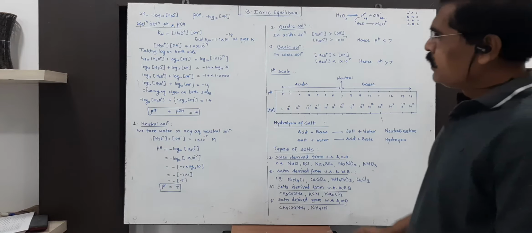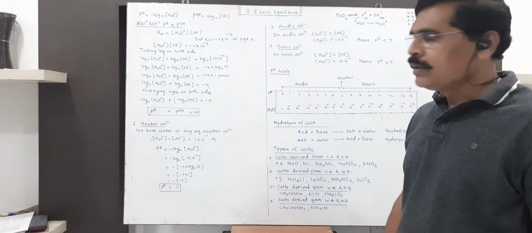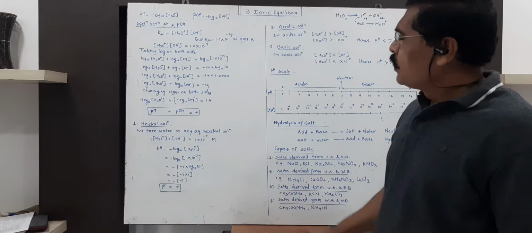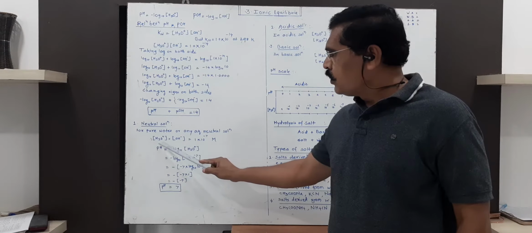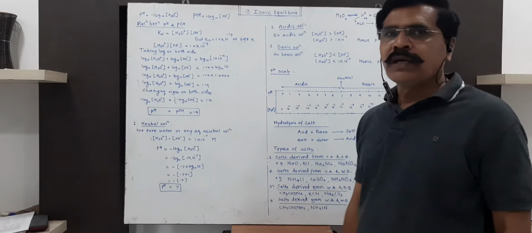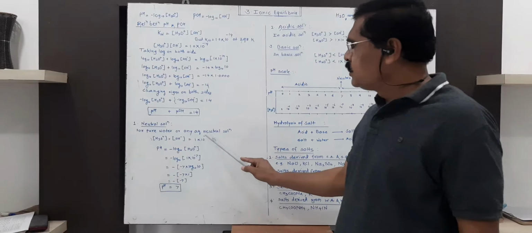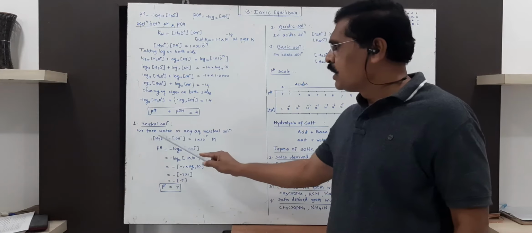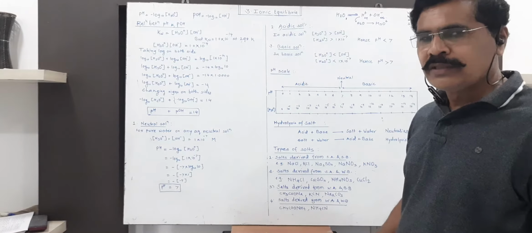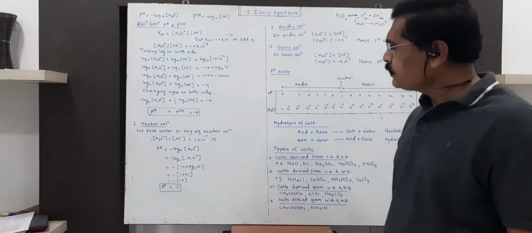Then what are the natures of the solutions? See here, when the concentration of H3O plus and the concentration of OH minus ion are equal, then such solutions are neutral solutions. Pure water is also neutral because the concentration of H plus and the concentration of OH minus ion is always equal.